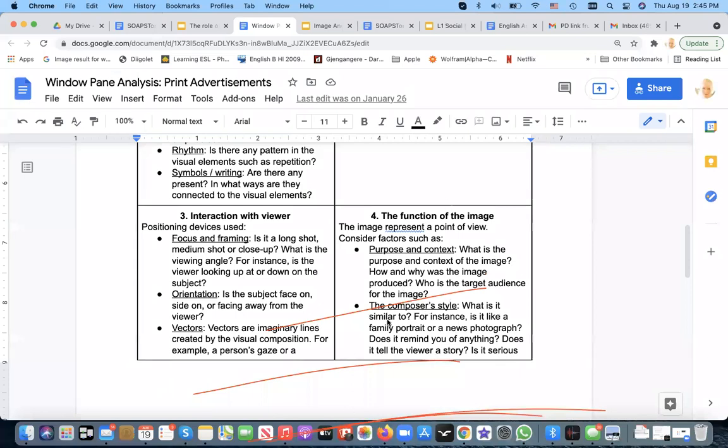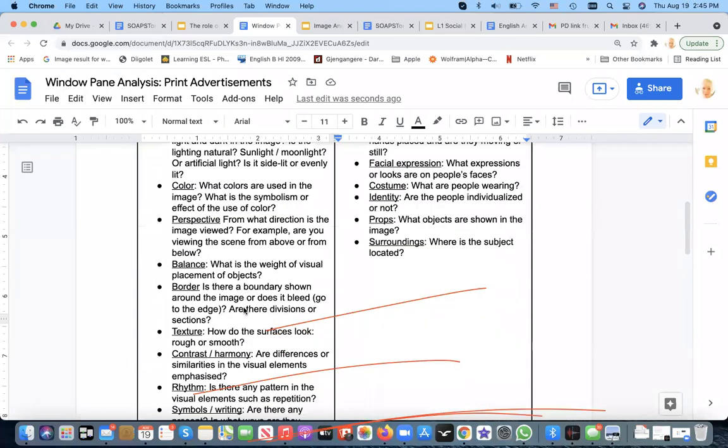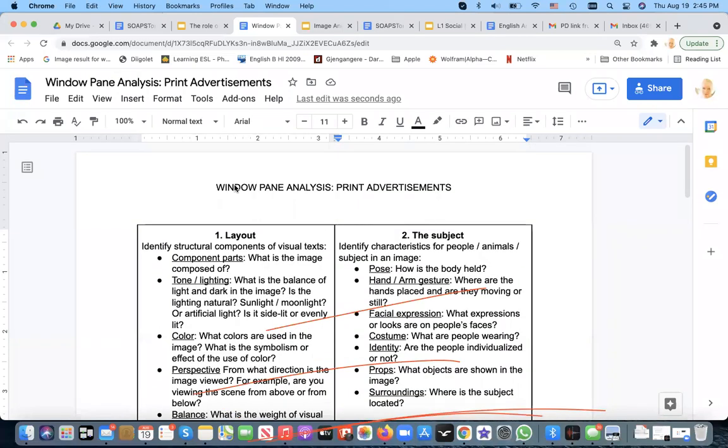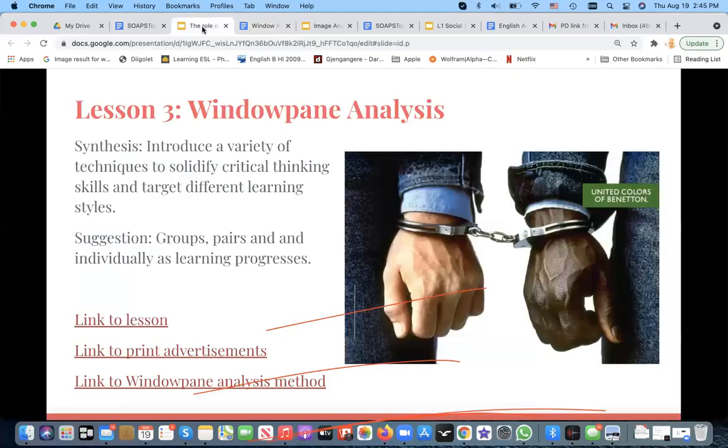After I teach SOAPSTONE and the OPTIC method, I like students to really take their time and think about it. That's when I introduce this, because it's a lot of things to think about. In an advertisement, people sit around in a boardroom, a lot of very smart people, thinking about how can we influence you, right? So it's really good for us to have an idea of how we are influenced by that.